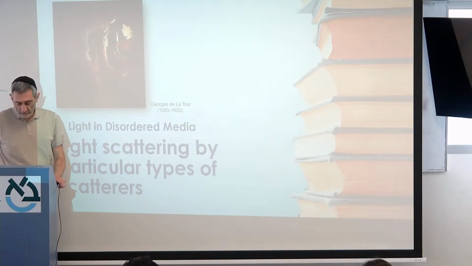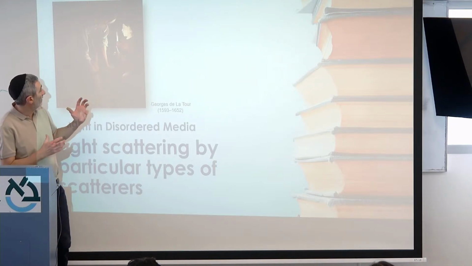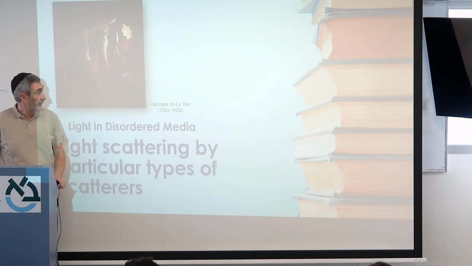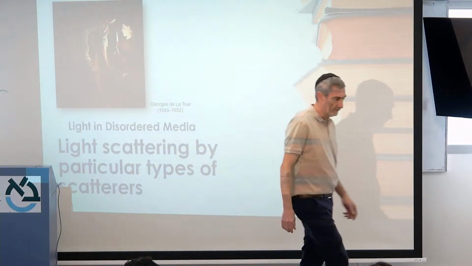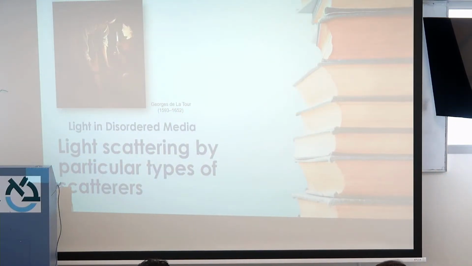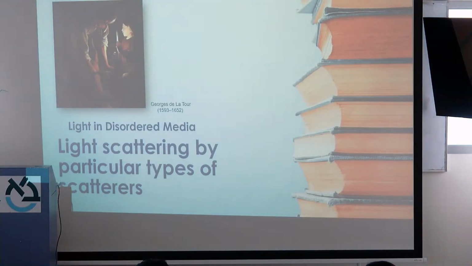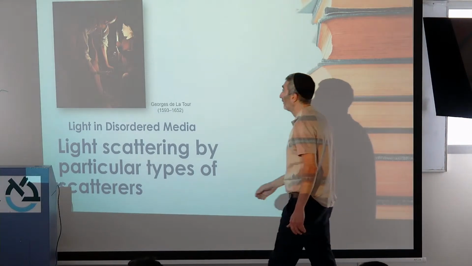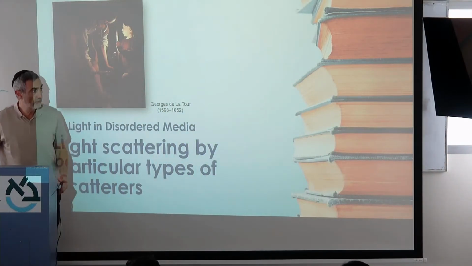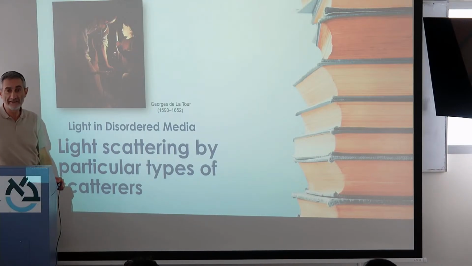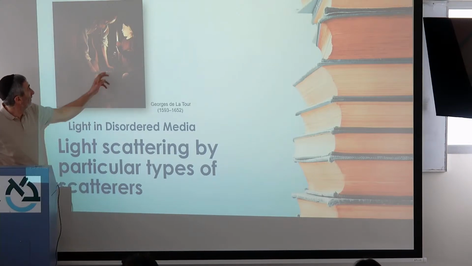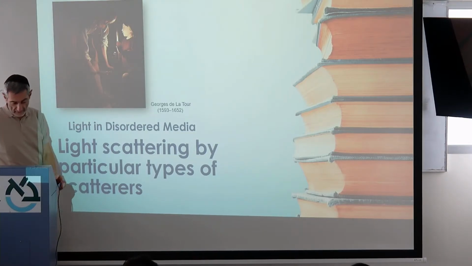the method that he used is called chiaroscuro, which means that he plays on the light and the shades. Maybe we should turn off the light here. So there is a play between light, and it's really amazing because I like this painting because he really captured a lot of effects that we are discussing. Okay, so you can see here, you see the hand of the young girl here.